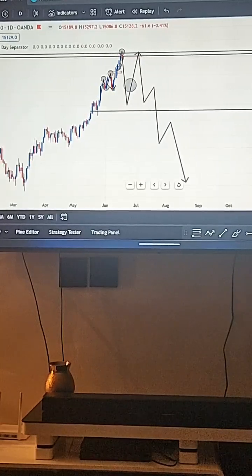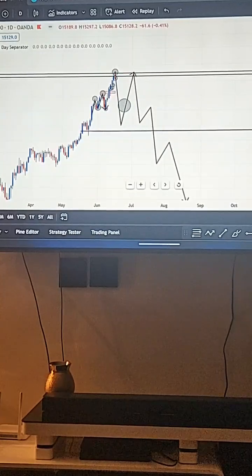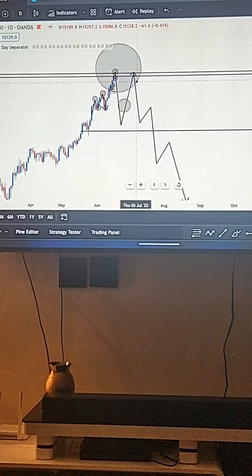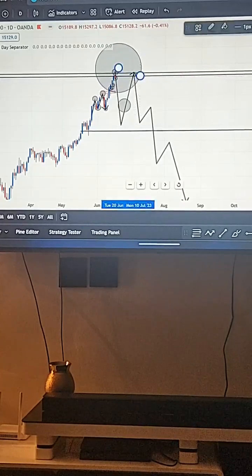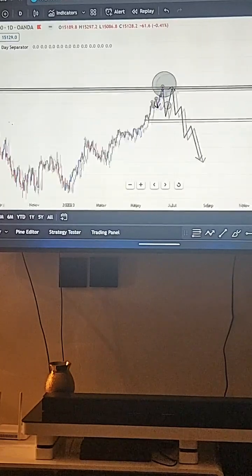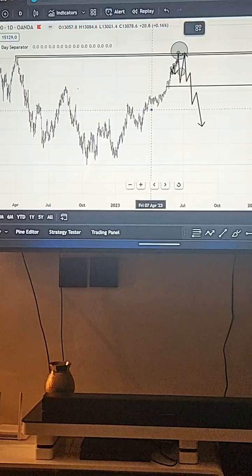Because now, on the daily, we call this a double high, or we call it liquidity. Lots of liquidity sitting at that level. So once price is done trapping whoever they need to trap, maybe over here at this bottom.